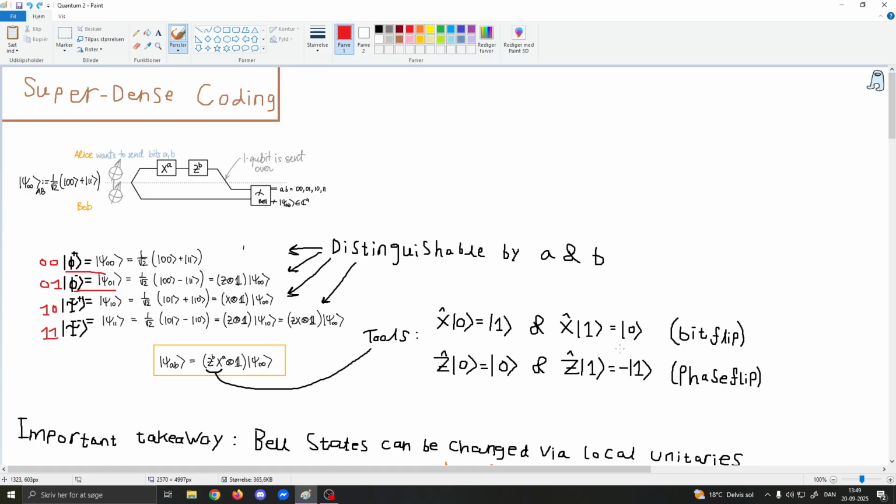Practically, it's just the quantum bit flip gate. The Z gate is very unique to quantum because it doesn't affect the zero state, but it flips the phase on the one state. So this is the phase flip gate.